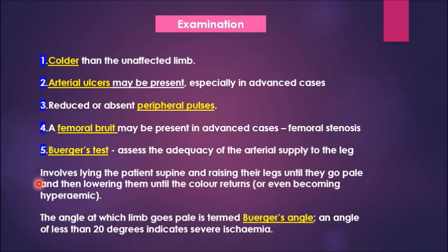Then lowering it until the color returns or it becomes hyperemic. The angle at which the limb goes pale is termed Buerger's angle. An angle of less than 20 degrees indicates severe ischemia. So this test can be done to confirm the presence of ischemia and also to assess its severity.